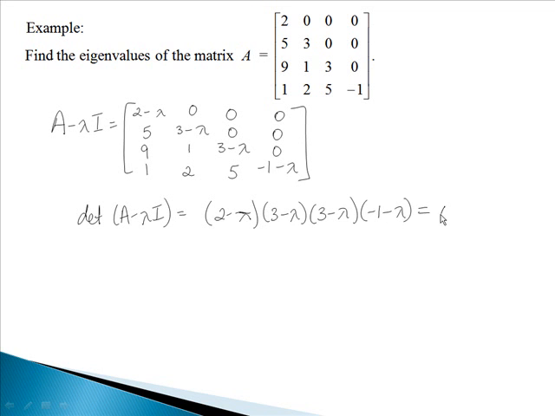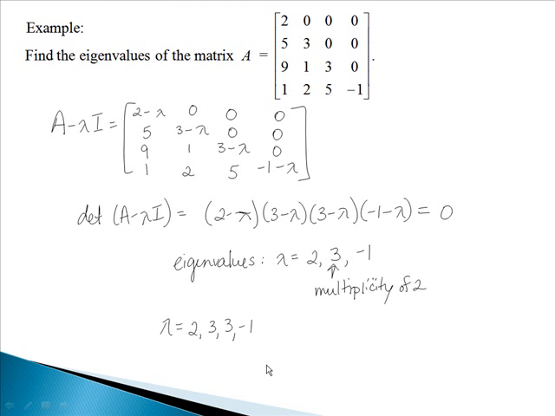And I want to set that equal to 0. So what we have then is our eigenvalues: lambda is equal to 2, 3, and negative 1, and 3 has a multiplicity of 2. You could also have listed it out if you wanted and said 2, 3, 3, negative 1 to demonstrate that there's a multiple root.